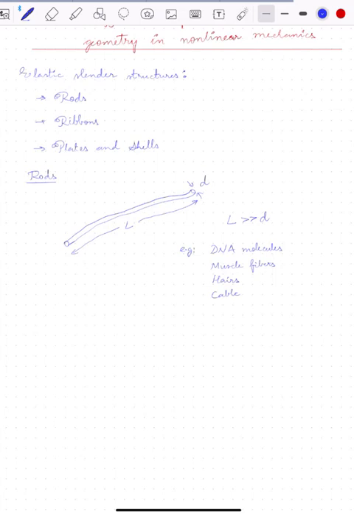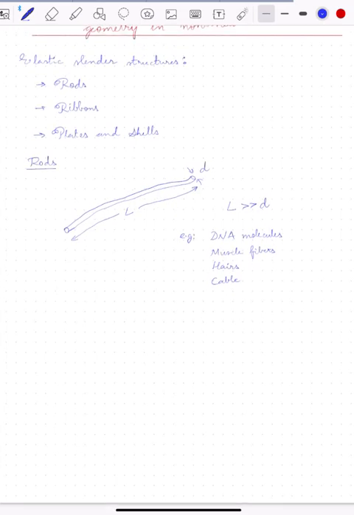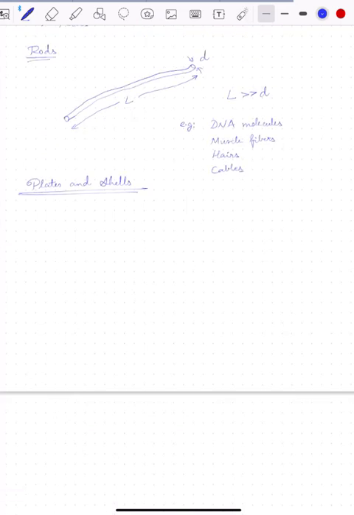Okay. Then there is another class of problems. Before I talk about ribbons, let's talk about plates and shells. They are structures like, say, a flat plate.